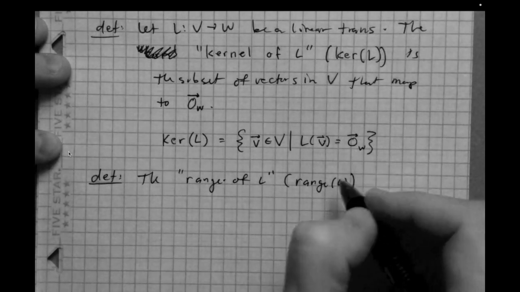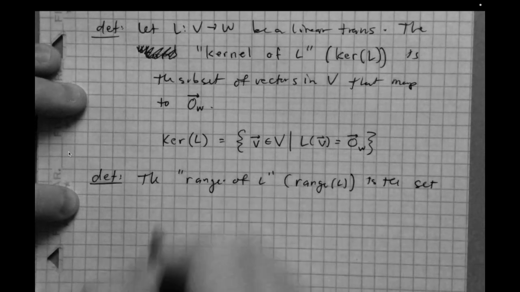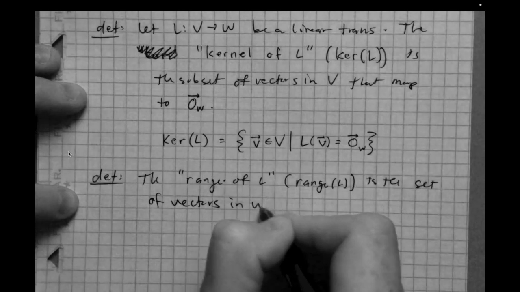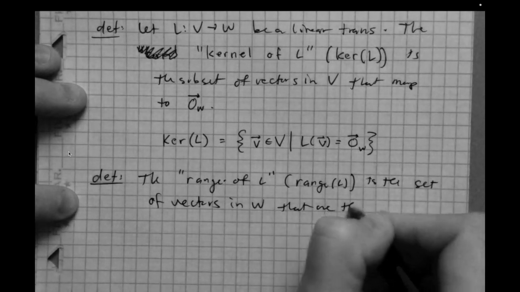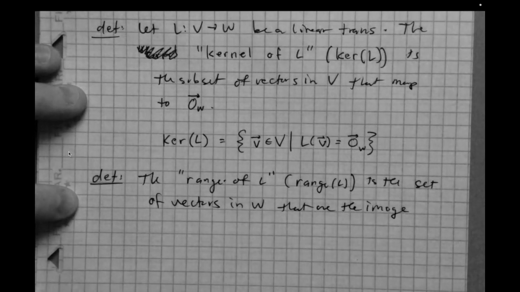The range is the set of vectors in W that are the image of some vector from V.